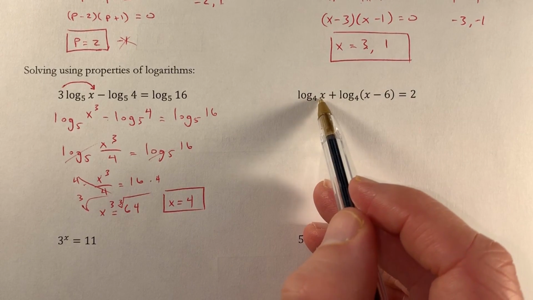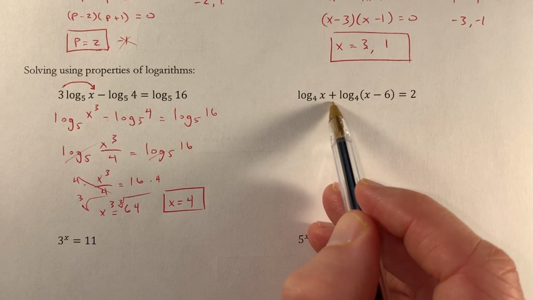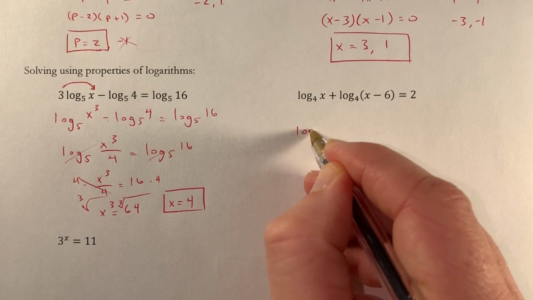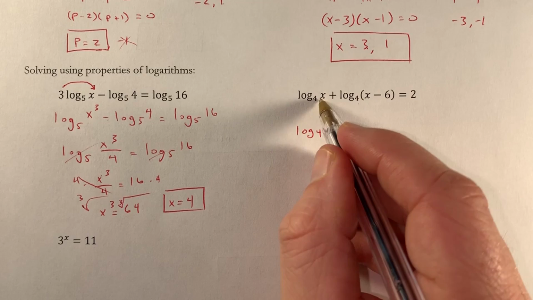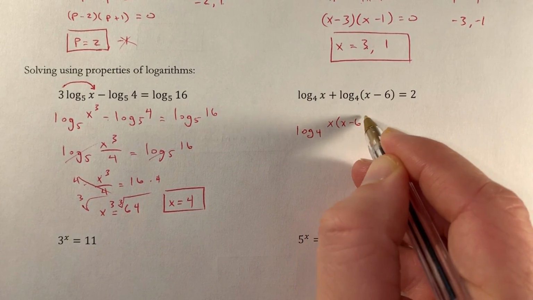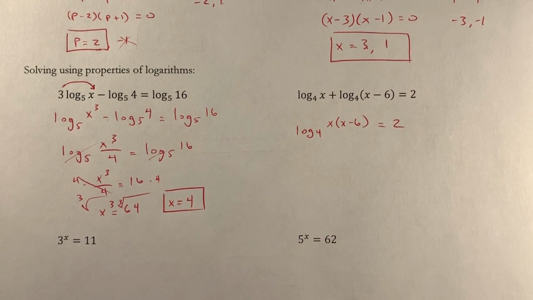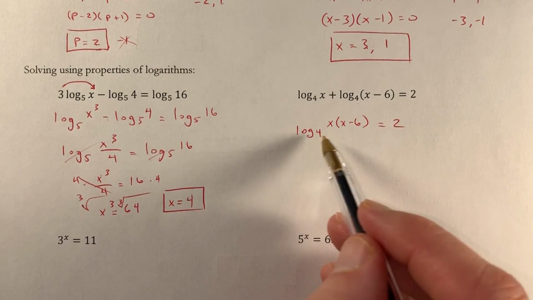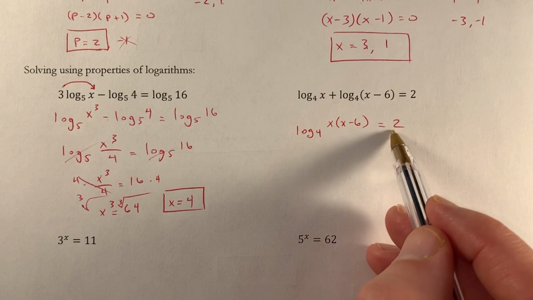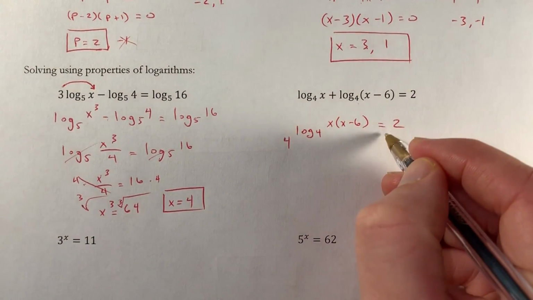Okay, now I've got log base 4 and a log base 4. I can condense. They are added. So I've got log base 4 of, and I'm going to multiply the arguments. X times x minus 6 equals 2. Now this time I do not have a log base 4 on the right side. So what I'm going to do is use a base 4 on both sides.